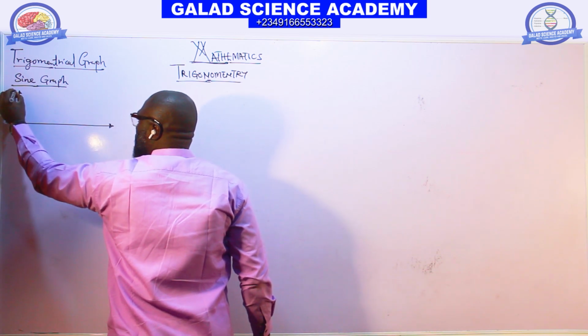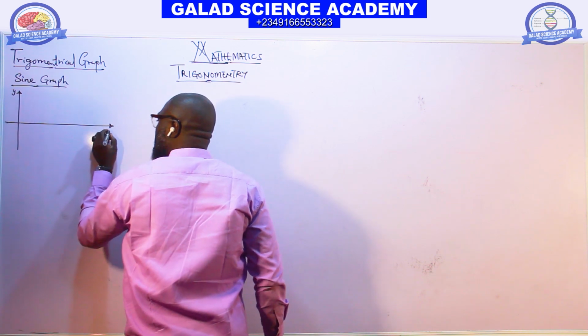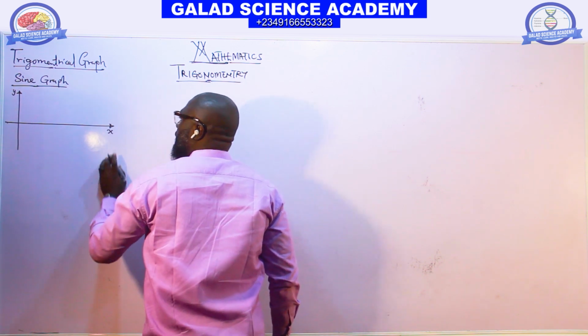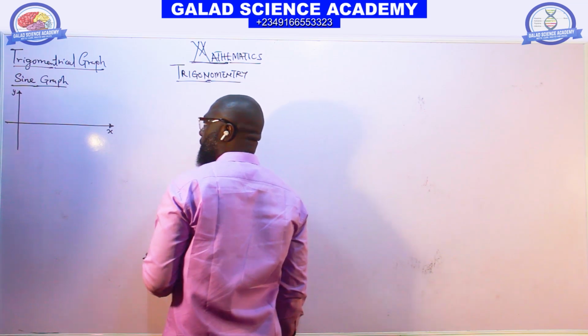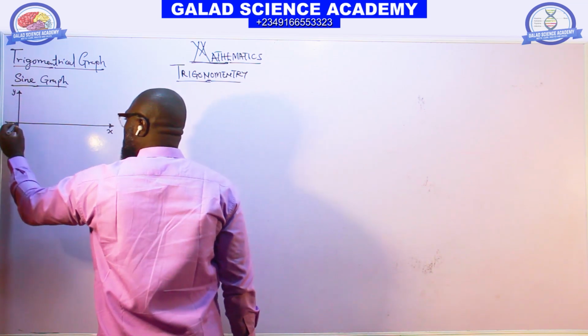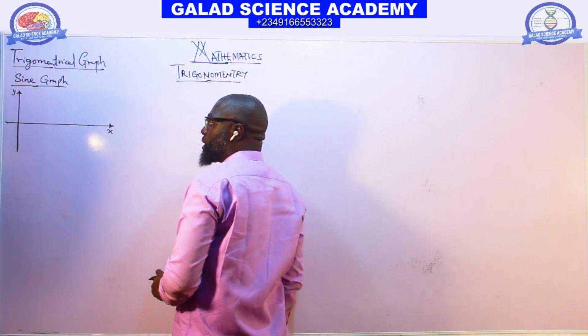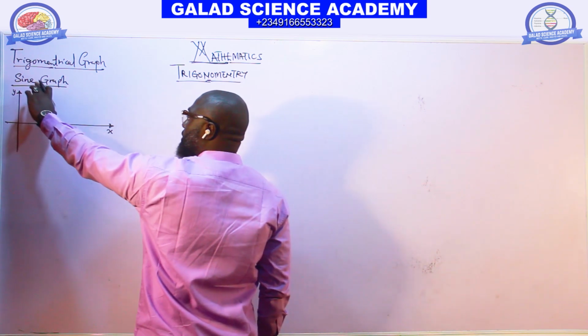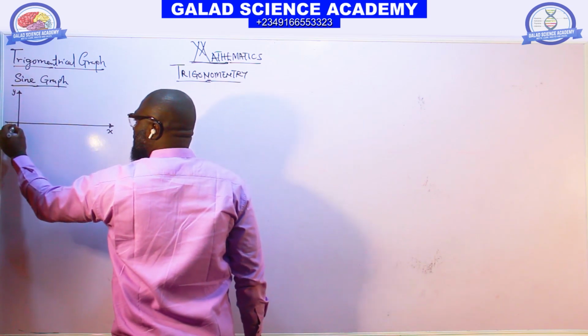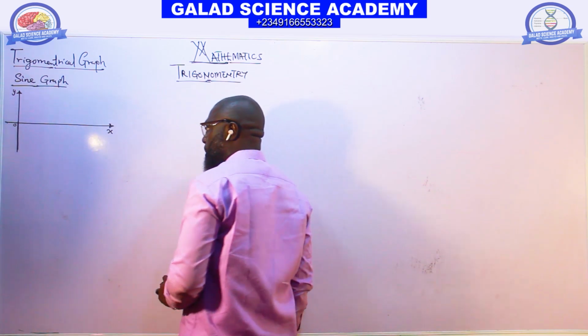The graph of sine looks like this. This is the y axis. Here we have the x axis, or theta axis. You can observe that this place is 0.